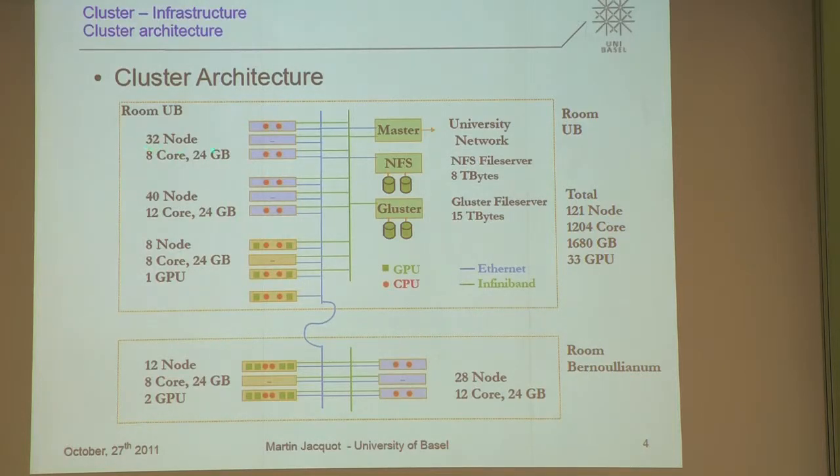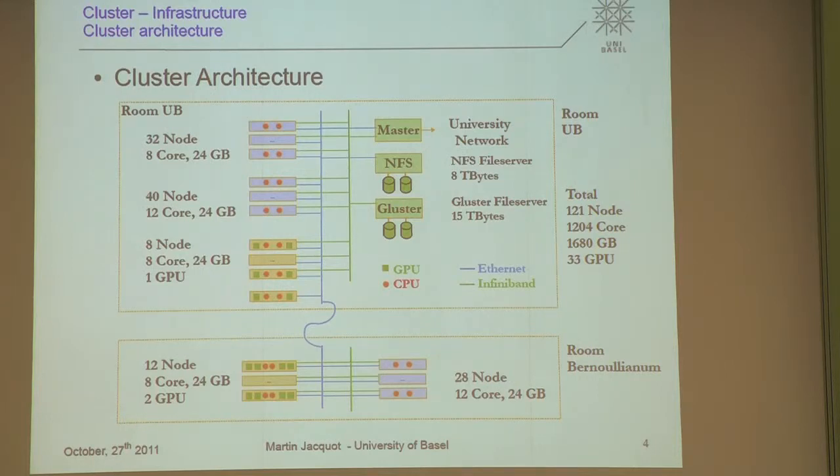We have normal nodes, different because we have 8 cores to 12 cores, because these ones were acquired over these last 2 years. We have a master, we have an NFS file server and a parallel file server. And we have a GPU environment. We'll have a look later at how it is configured and what's inside.